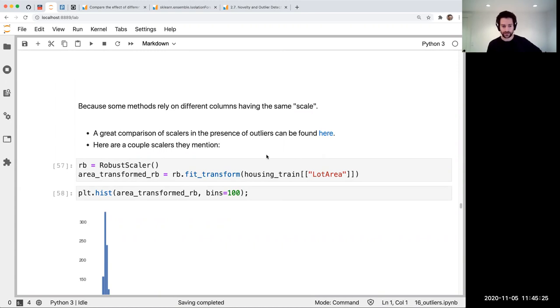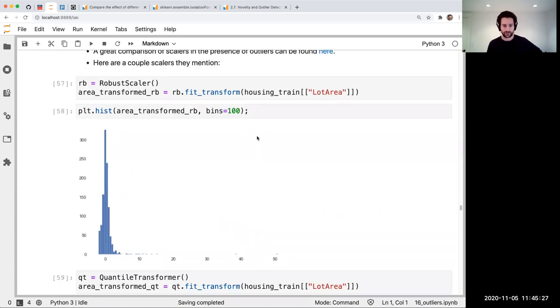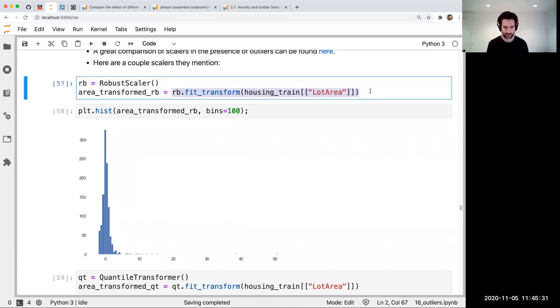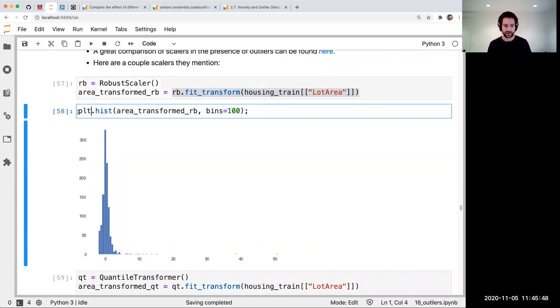Can you explain the x-axis again? Sure. So what I'm doing is I'm transforming the lot area feature. So we had like standard scaler, min-max scaler, all these things that would transform our features into like kind of small numbers close to 0. And then what I'm doing here is I'm making a histogram to just see what types of different values we have.